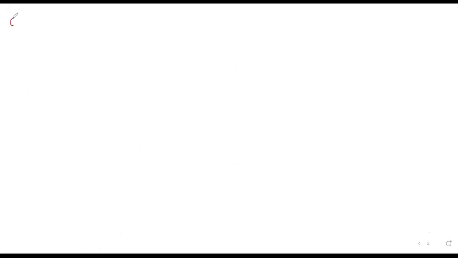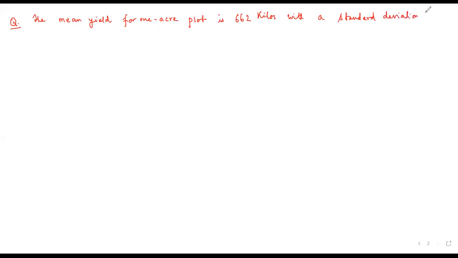Question: the mean yield for a 1 acre plot is 662 kilos with a standard deviation of 32 kilos. So this information is given to us.